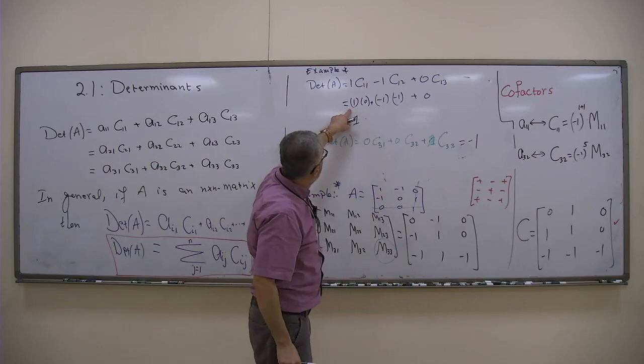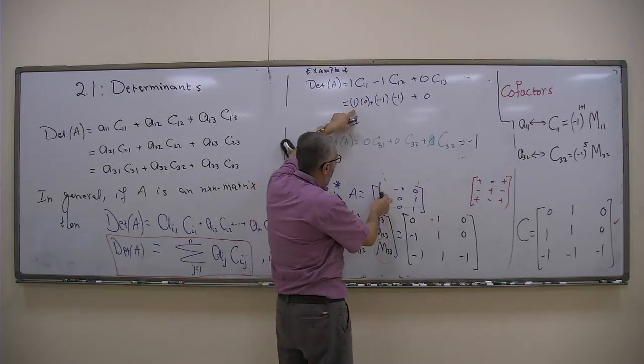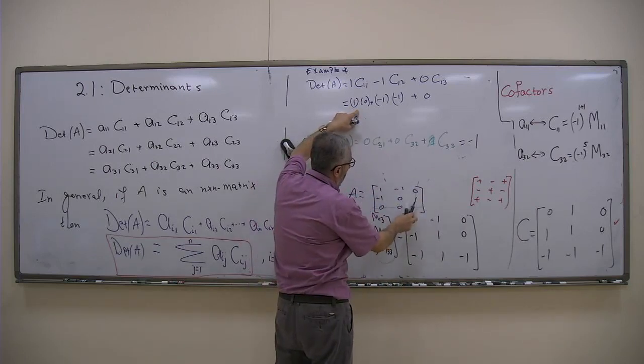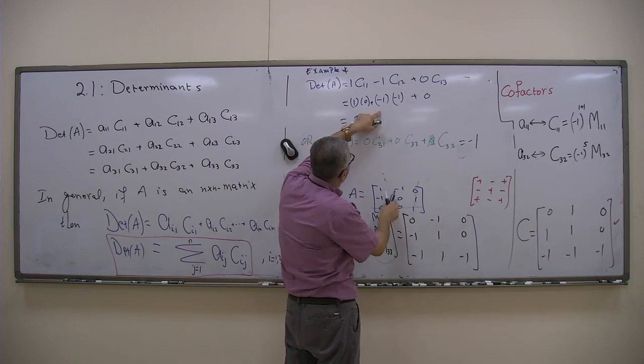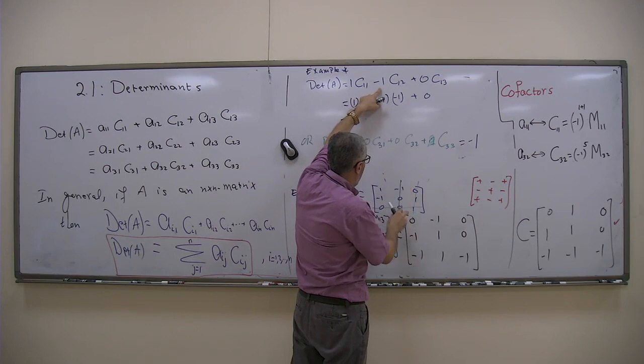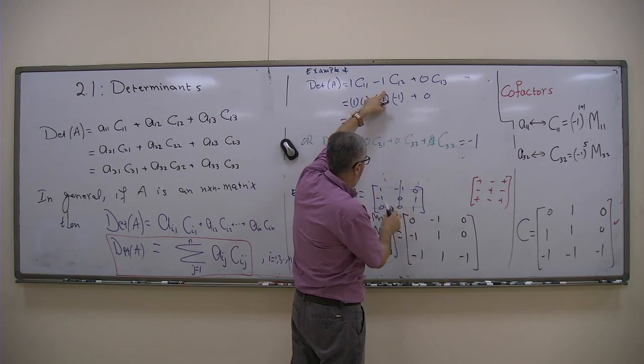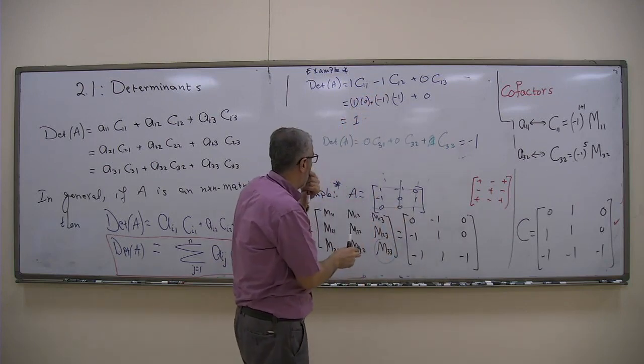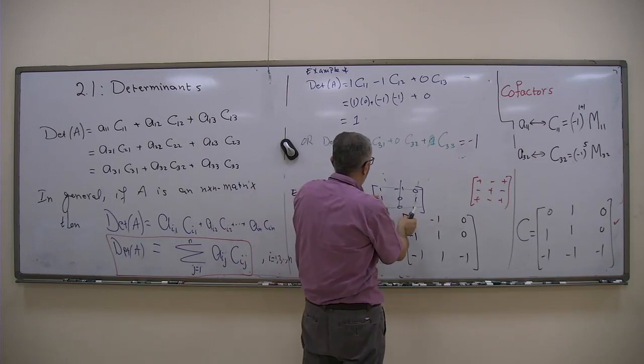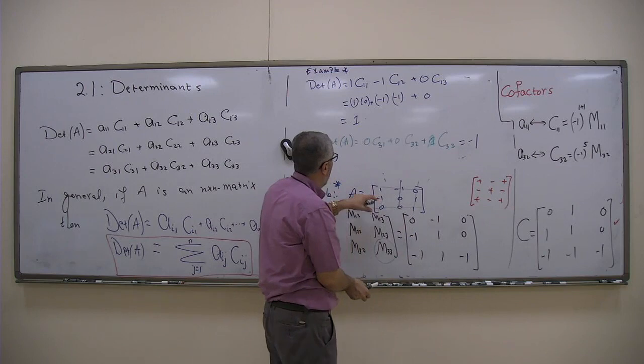So here, C11, what is C11? 1 times, that is 0. Then negative 1 times the minor is negative 1, and you change that.